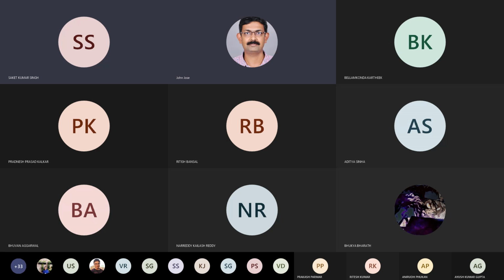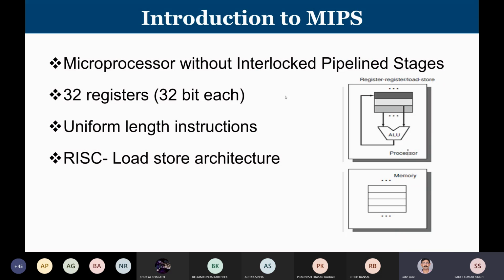So I have stopped the sharing now. Can you see the slides now? Yes, sir. Now it is there in the full screen mode.